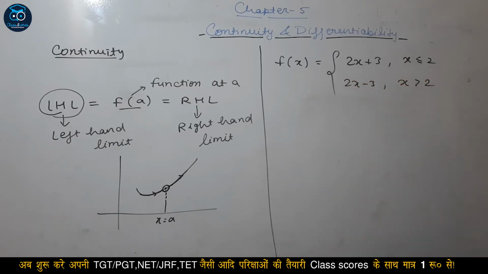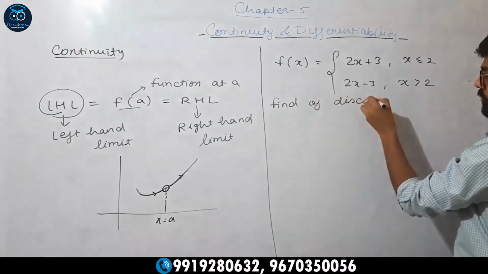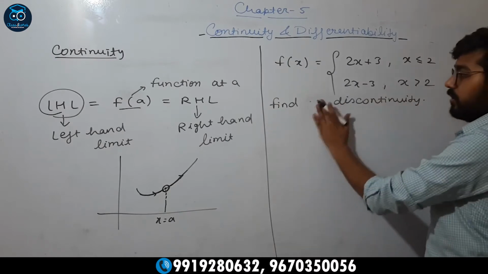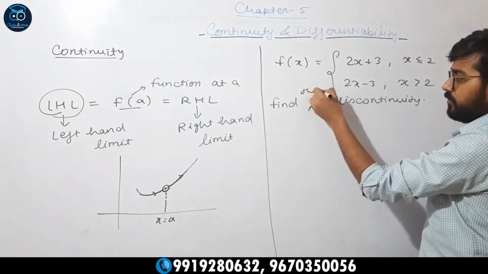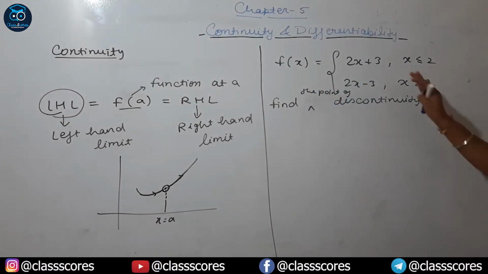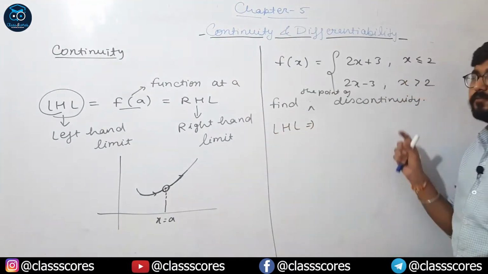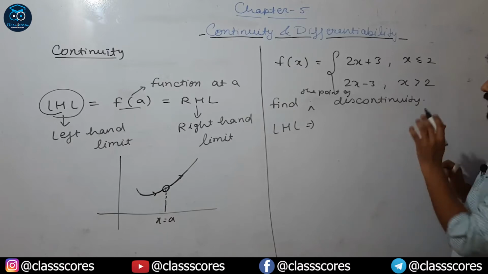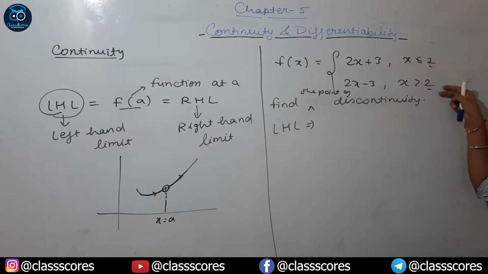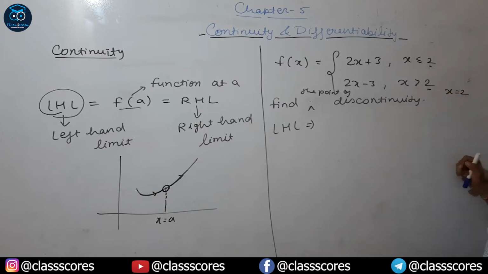You have to find the point of discontinuity. For this function, first of all we have to check its left hand limit, whether the function is valid for the left side. Here we have the value at x equals 2, so we can check for x equals 2.